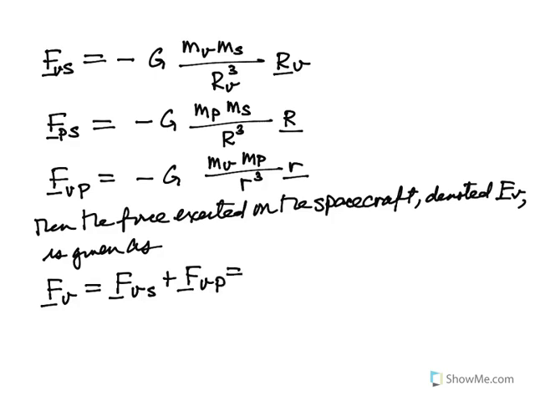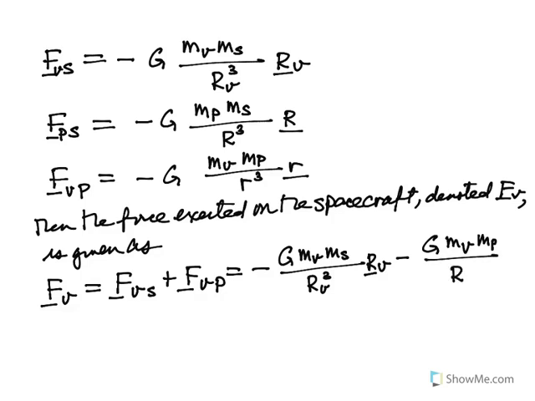If we add the two forces from above, we've got minus G times the mass of the spacecraft times the mass of the sun, all divided by R_v cubed times R_v, and then minus G times the mass of the spacecraft times the mass of the planet, all divided by little r cubed times r. So that takes care of that.